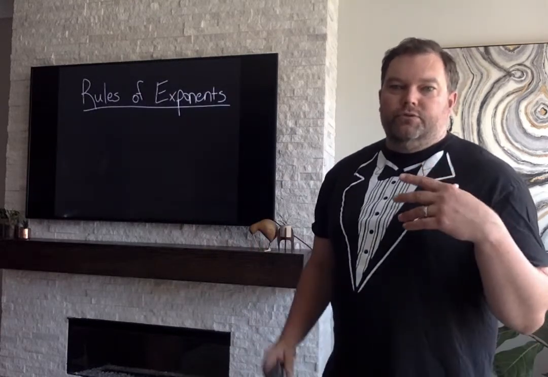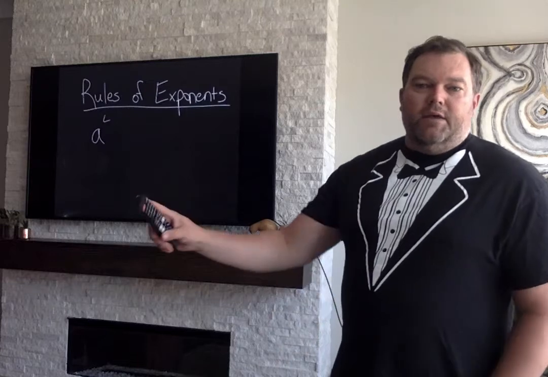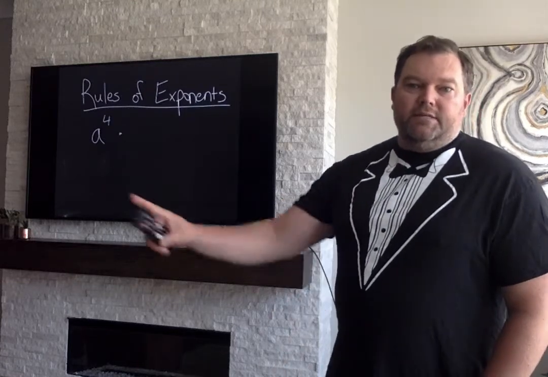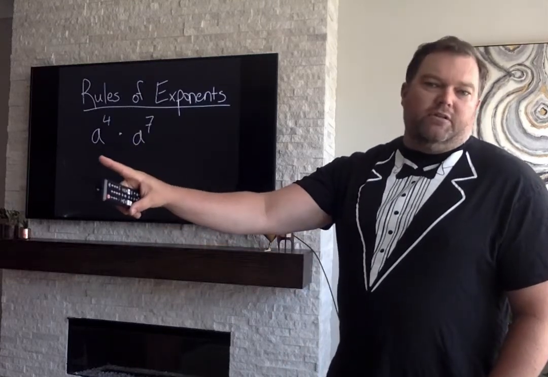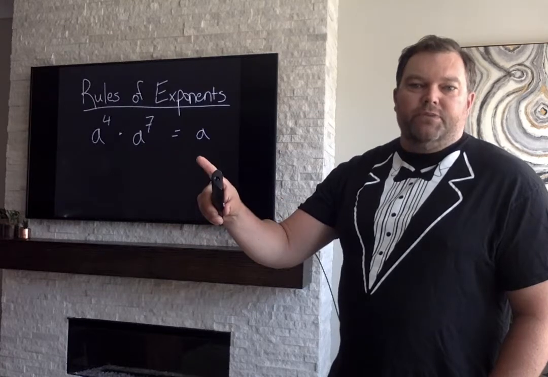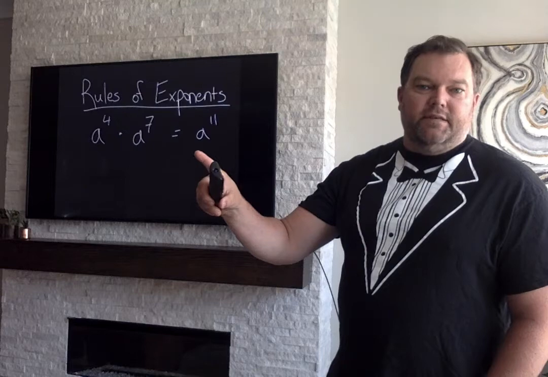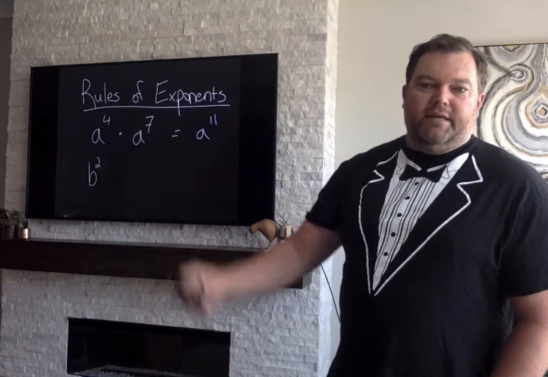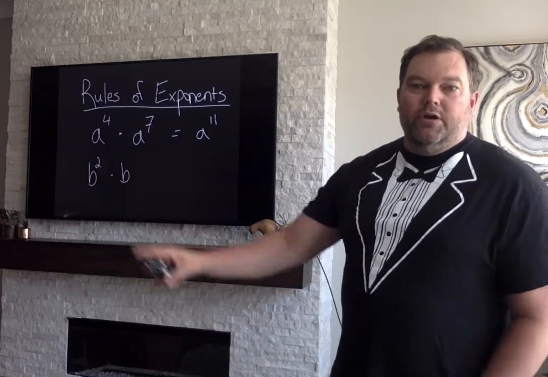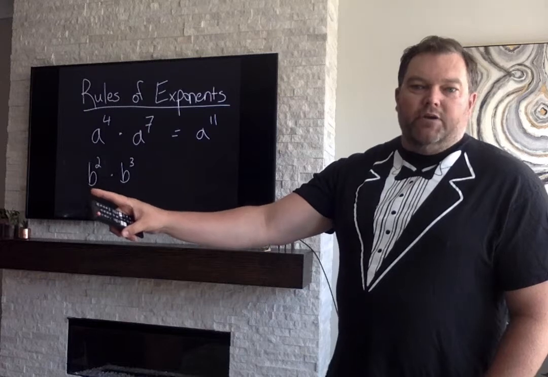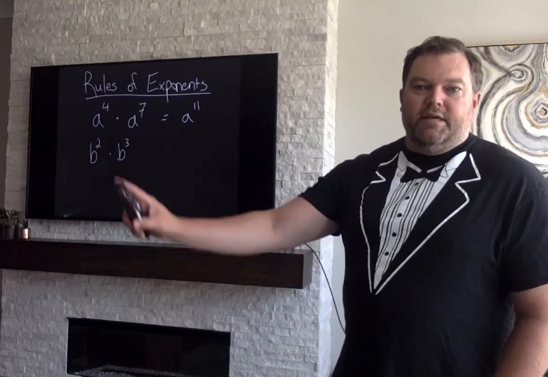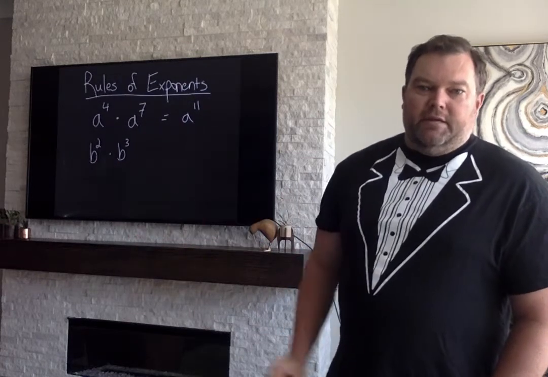To start off with, anytime you've got a like base that's being multiplied, so a to the fourth times a to the seventh, that's going to be a to the 11th. You basically keep the base the same, and you're adding the exponents. Now, why does that work? The reason that works is b squared is really the same thing as b times b.